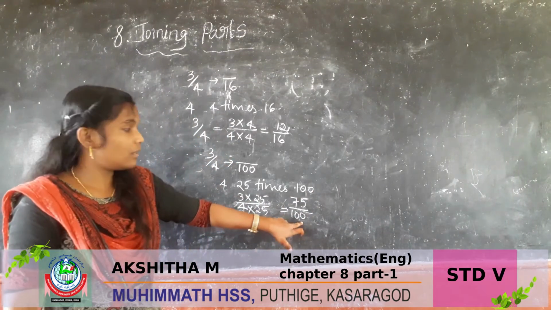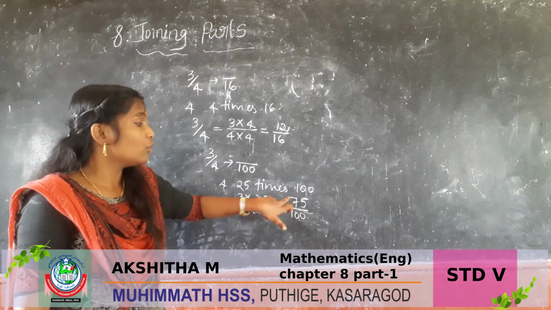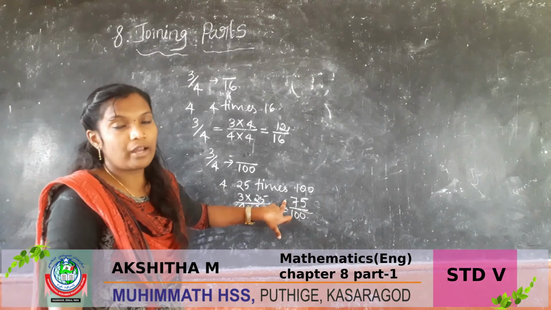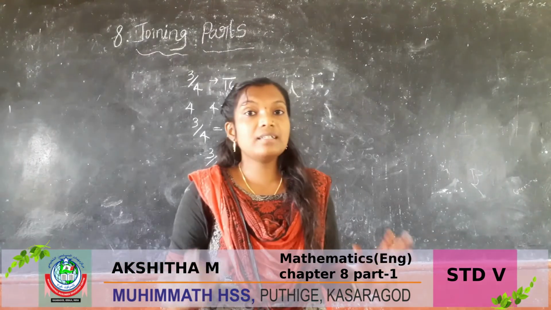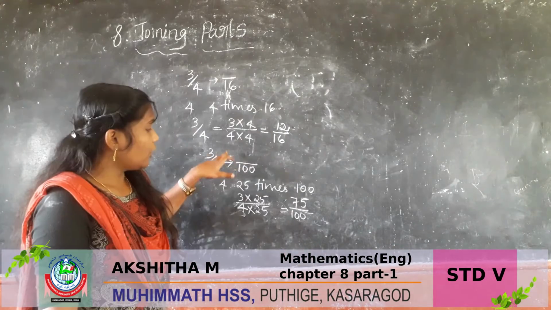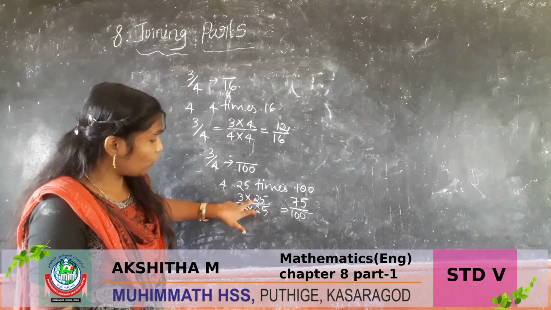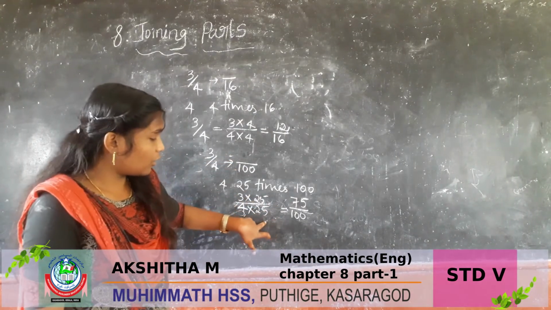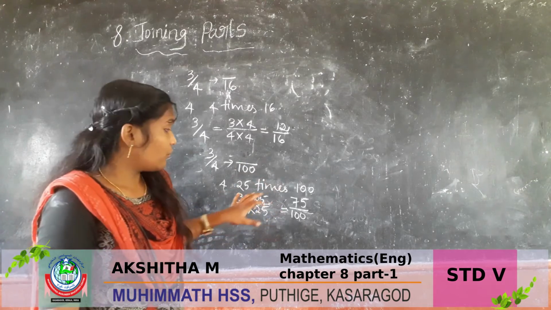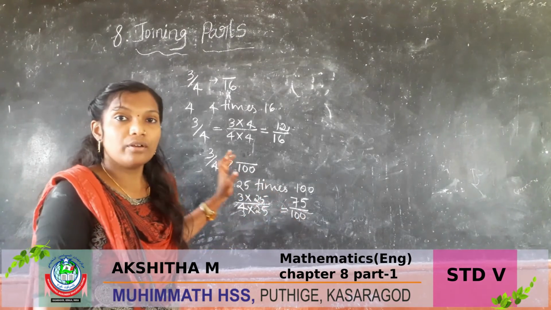If the denominator is 100, the numerator is 75. Is it clear? What is the general principle here? If we multiply the numerator and denominator by the same number, we will get another form of the fraction.